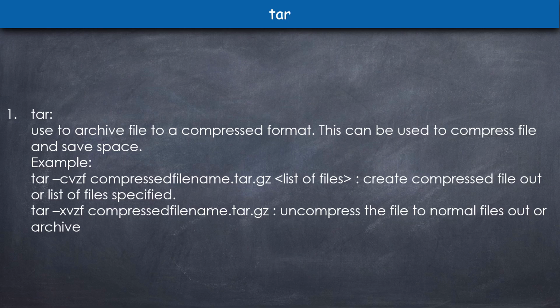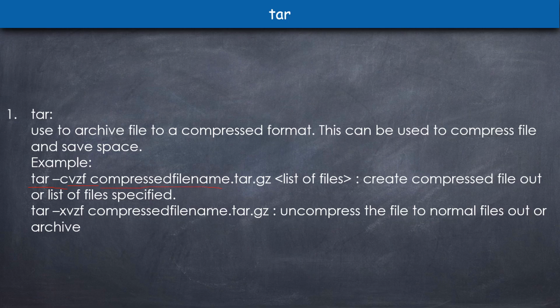For example, suppose you have a directory in the log folder with very old logs, and you know you don't need them now. You can create a tar file out of it, compress it, and move it somewhere else. For creating a compressed file, you can use tar -cvzf.